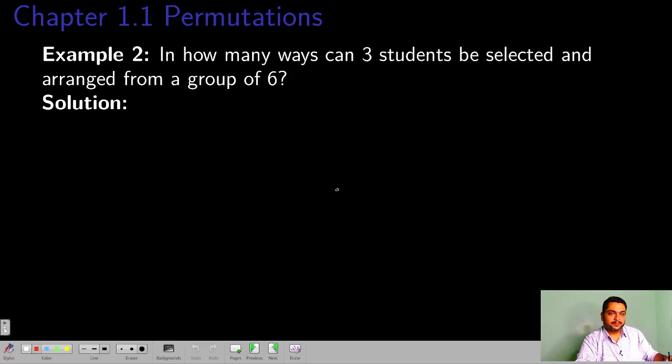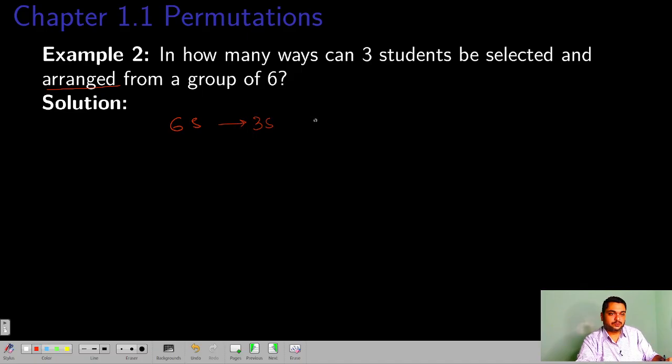The next example. In how many ways can 3 students be selected and arranged from a group of 6? They have to be selected and arranged. This is a keyword here, right? So there is a group of 6 students, and you have to choose 3 students out of them and form a group. Now they have to be arranged.